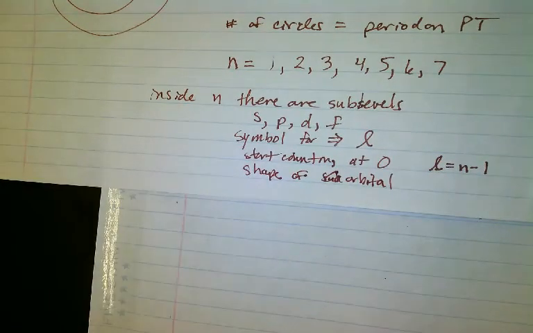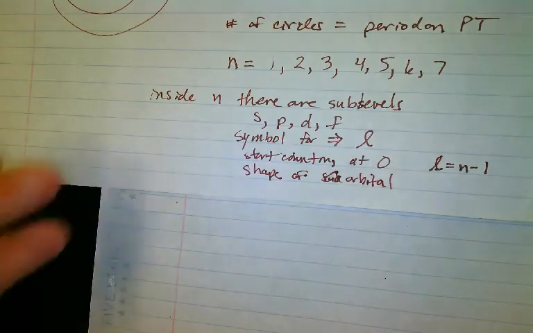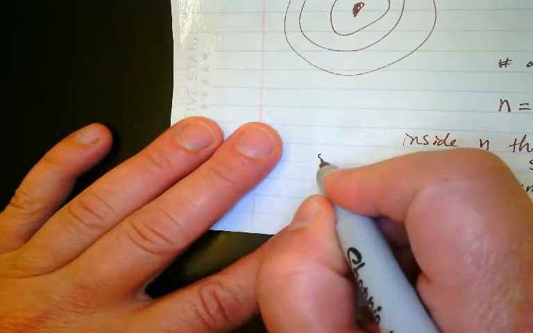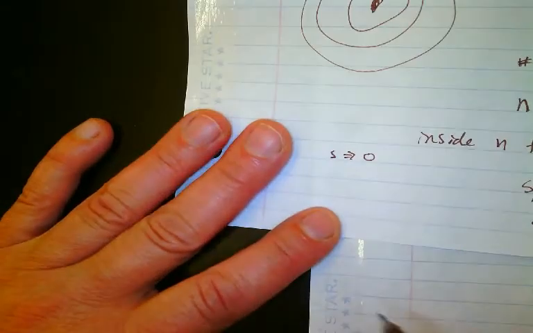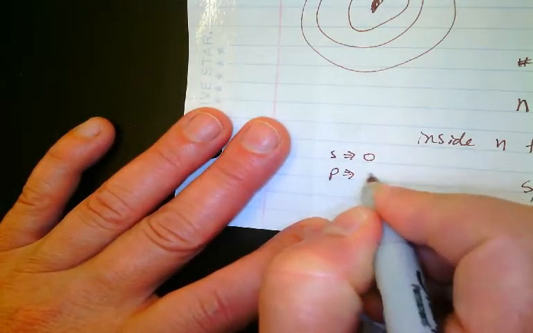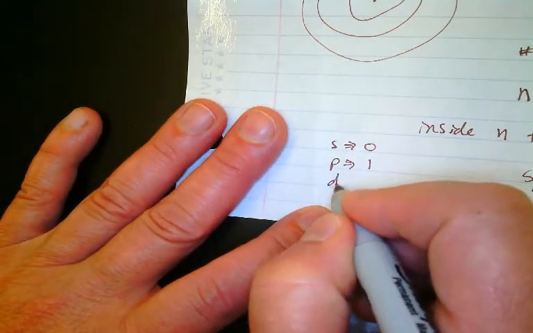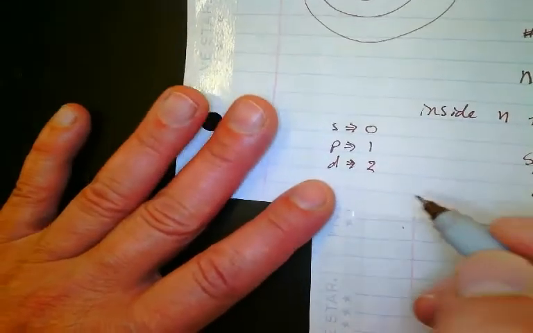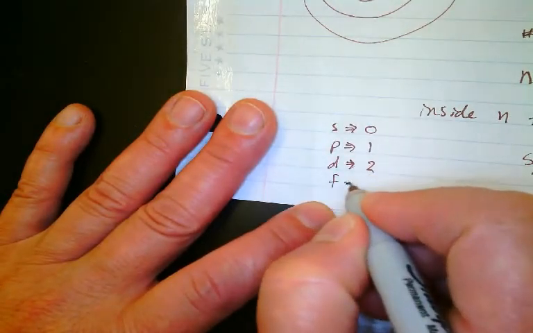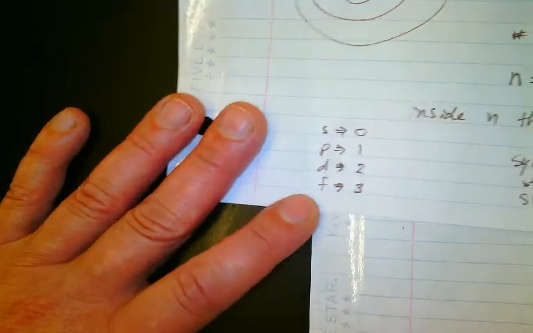So S would be what? 0. P would be what? 1. D would be what? 2. And F would be what? 3. Right?